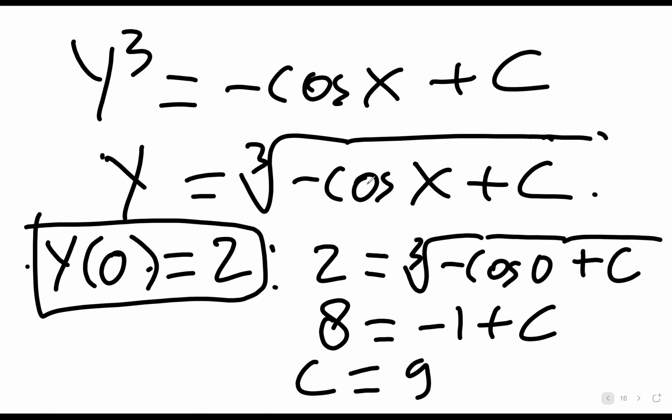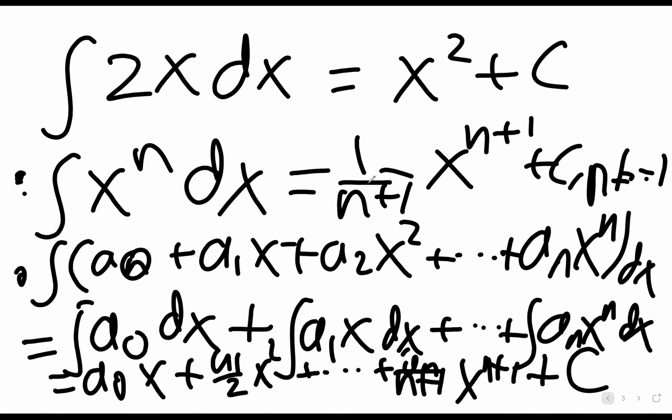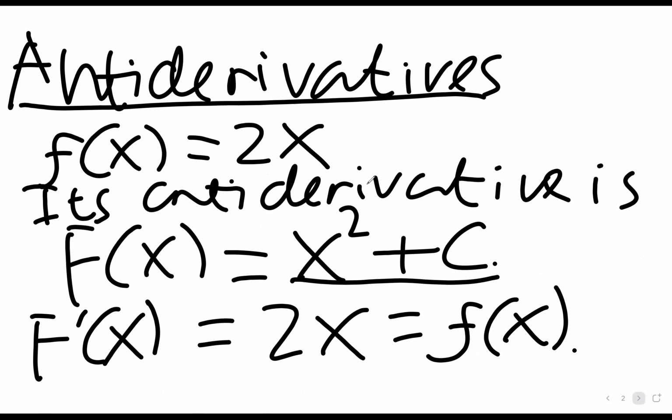So I will summarize the discussion here. We have considered antiderivatives of a certain function: if we are given a function small f, then we want to find a function capital F such that the derivative of F of x is f of x.